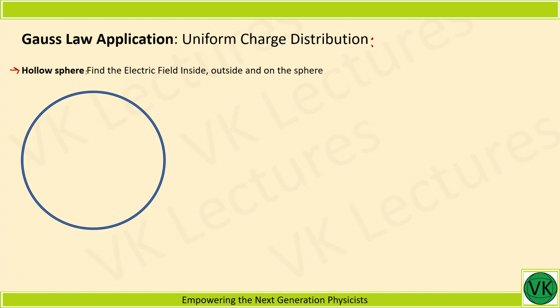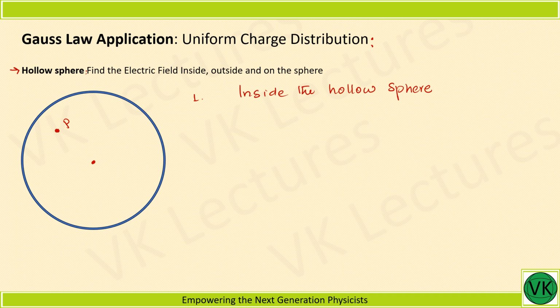Okay. Now the first case is inside the hollow sphere. Inside means we can consider any point here, P, and this is the center of the sphere, and this is the point where we want to find out the electric field.